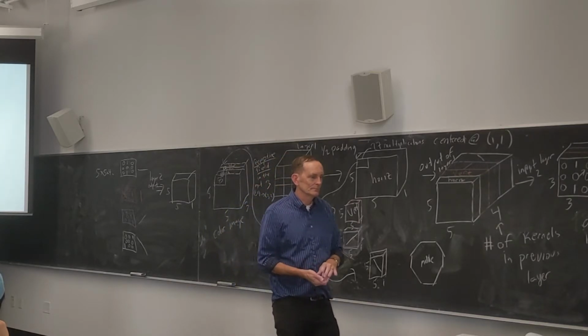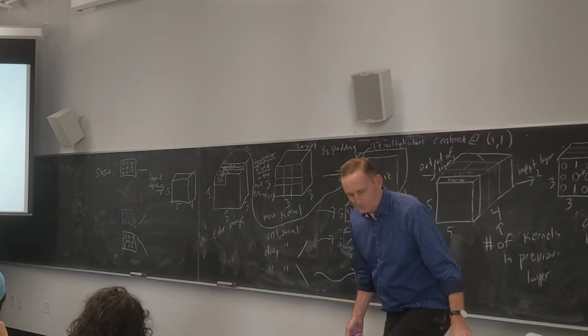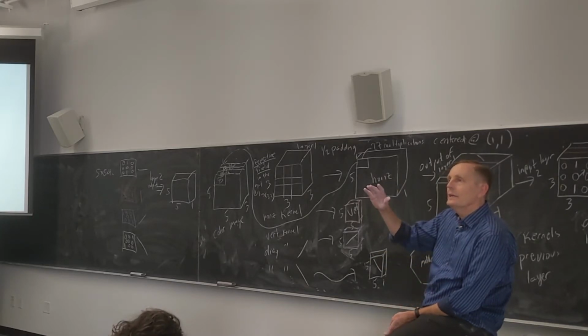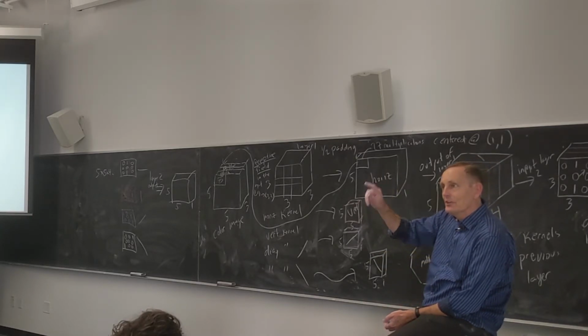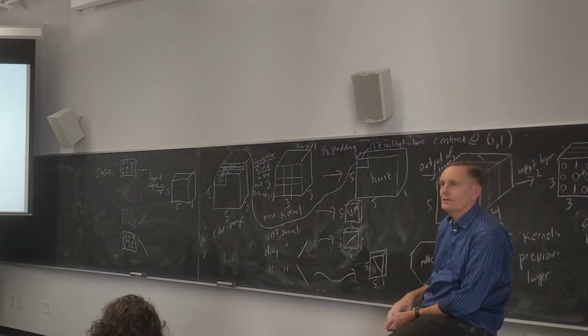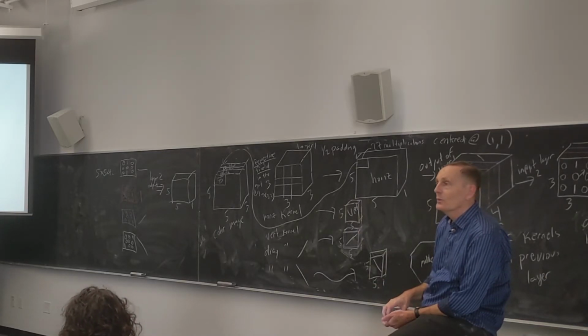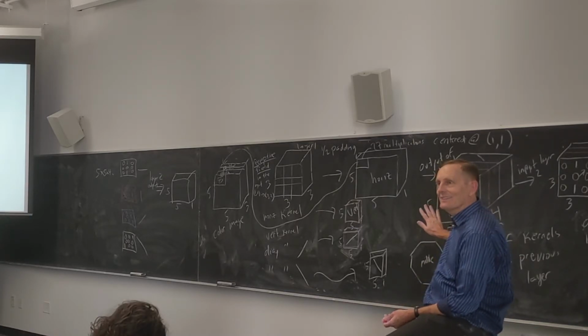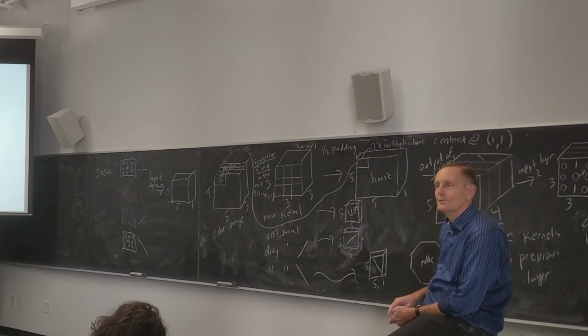So the key takeaways here: we decide how many kernels there are at each layer. We get to decide how big they are. In order to be stacked, they should all be the same size.